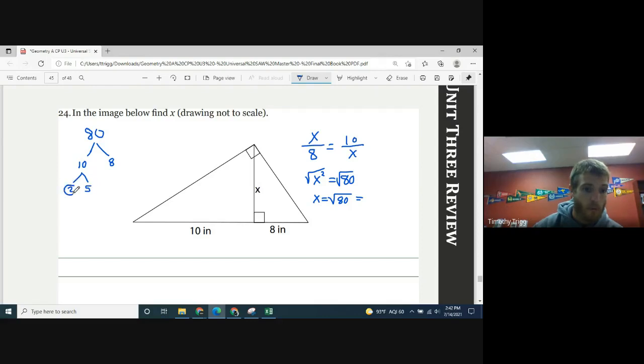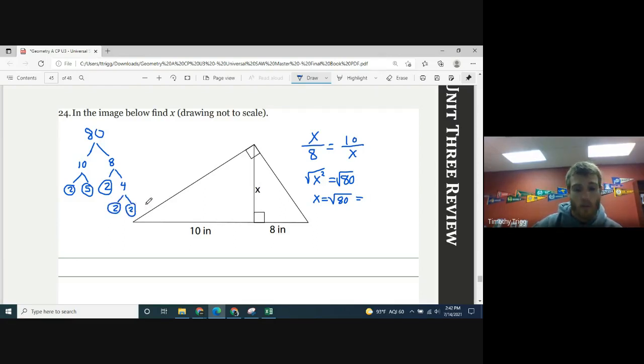These are both prime. They don't break down any farther. 8 does break down as well. 2 times 4. 2 is prime. 4 is not prime. 4 breaks down even more to 2 times 2.